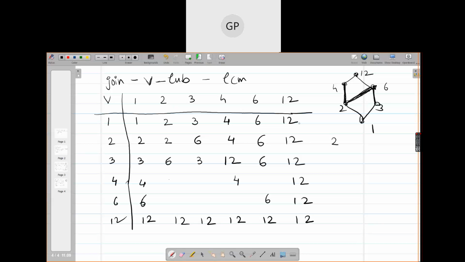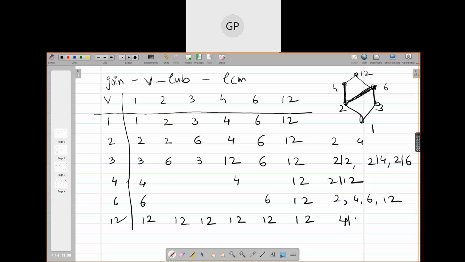Upper bounds of 2 and 4 क्या है? 2 is less equal which elements? बताओ. 2 divides which elements? 2 divides 2, 2 divides 4, 2 divides 6 and 2 divides 12. So 2 के upper bounds कौन कौन से हैं? 2 है, 4 है, 6 है और 12 है.